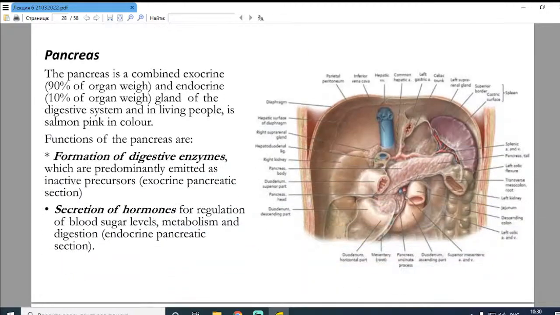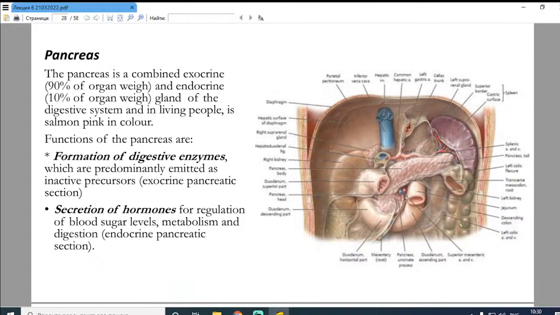Pancreas. The pancreas is a combined exocrine and endocrine gland of the digestive system, and in living people is salmon pink in color.